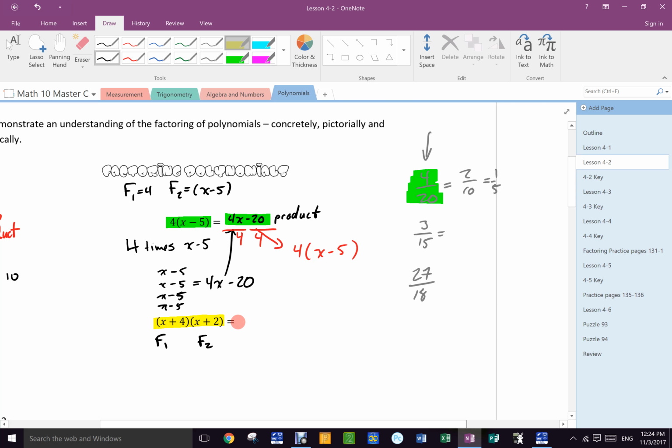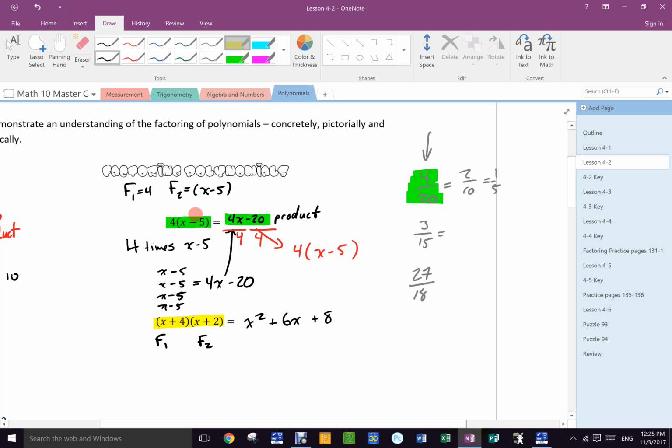And when I multiply them together, can I use my little shortcut here? It would be very helpful if I could. That would be x squared, and what's 4 plus 2? 6x, and what's 4 times 2? 8. So now, you should be aware that there was some mathematical process that allowed me to get from this product back to my factors, yes?